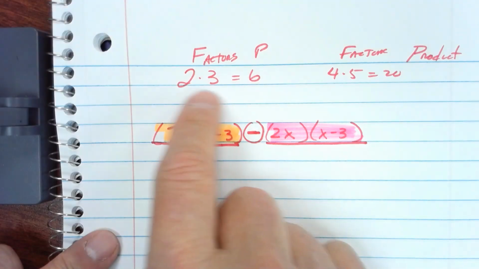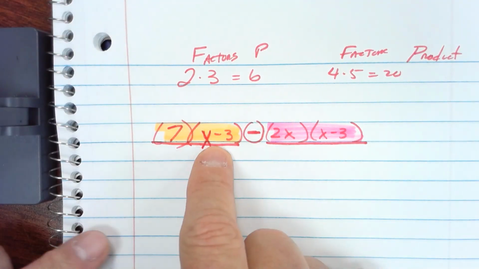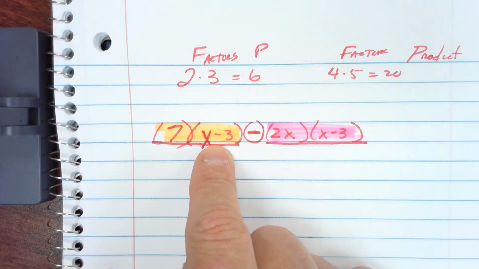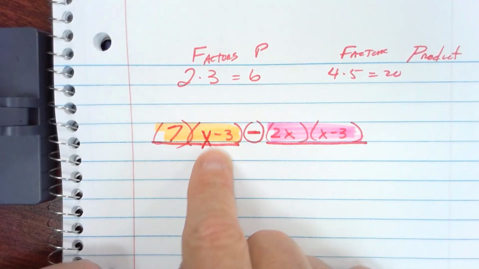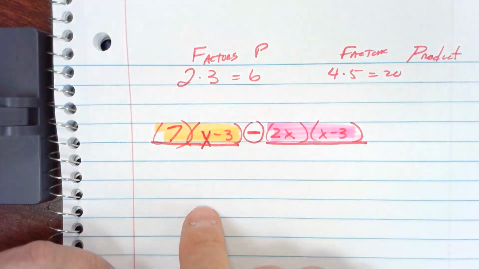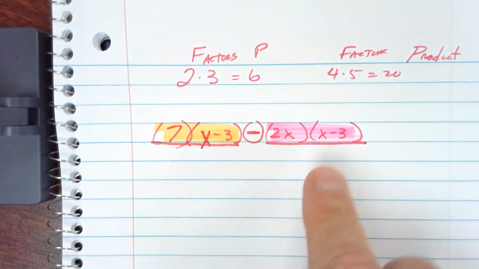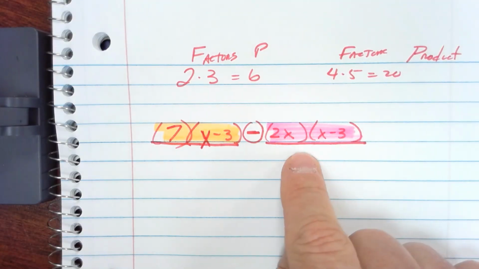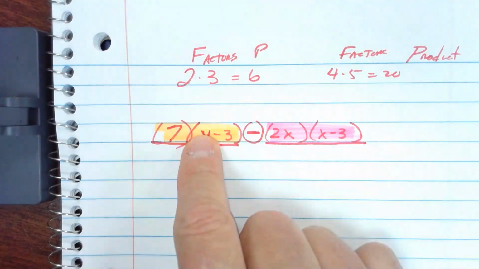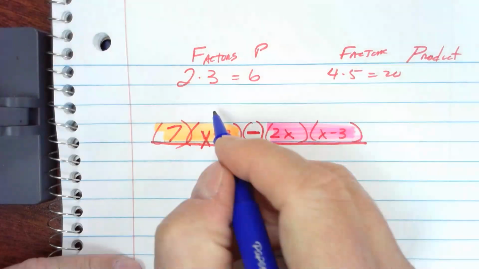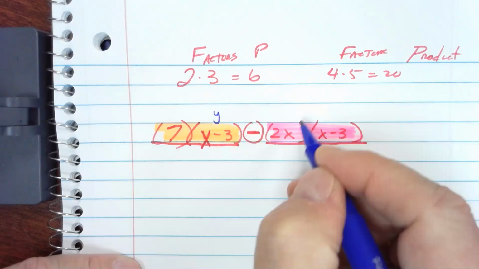The fact that it's not 2 and 3 or 7 times x or whatever is a moot point. These two are being multiplied together. Same here. These two are being multiplied. These are factors. These are factors. This is no different than this just being a y here.